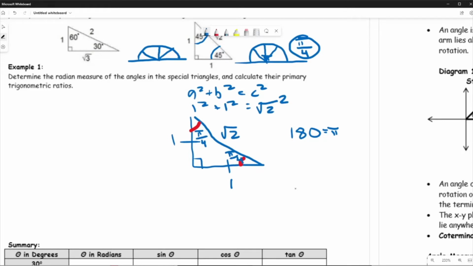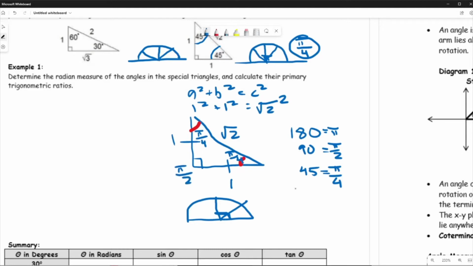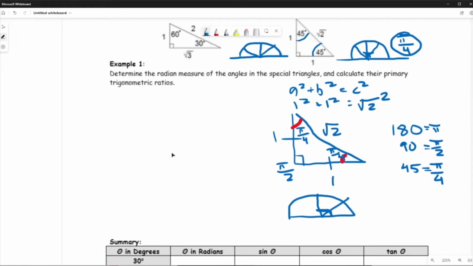In the same vein, what used to be 90 is now a pi over 2, because two 45s make 90. So instead of thinking about this triangle as 45, 45, 90, we can think of it as pi over 4, pi over 4, and pi over 2.